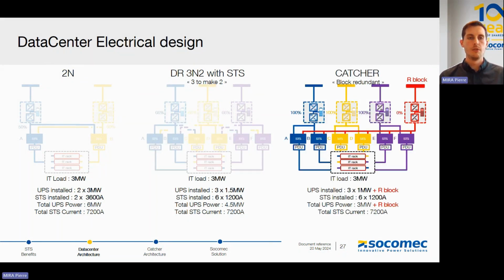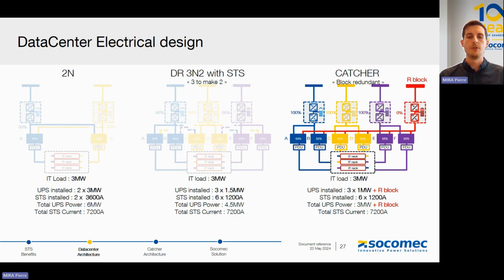The last architecture for data centers, which is very common in North America, is called block redundant or catcher architecture. The catcher architecture relies on a redundant block of UPS. So what we are seeing here is that the catcher architecture only works with static transfer switches. Each static transfer switch is connected from the main side to UPS A, B, or C. It can increase with up to 6, 8, 10 UPS.